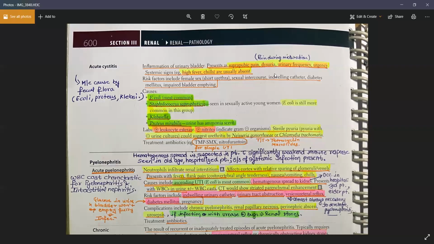Nosocomially. Klebsiella. Not a Klebsiella. Most common cause of nosocomial UTI, no, not the Proteus. Try harder. Most common cause of nosocomial UTI, a multi-drug resistant organism.